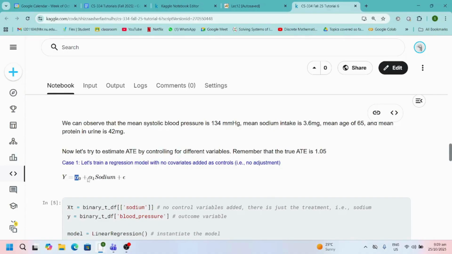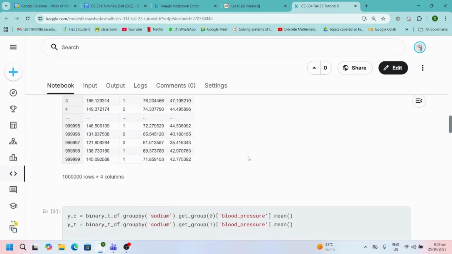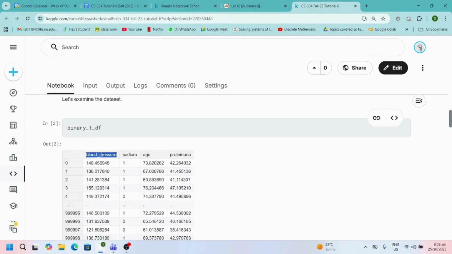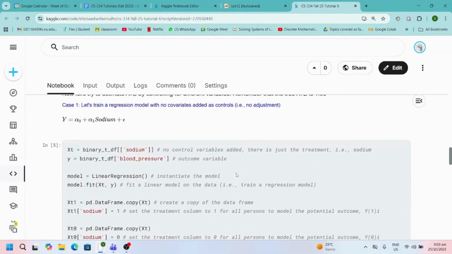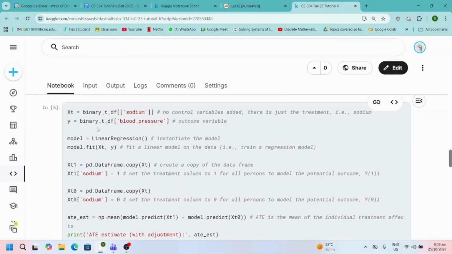This is your intercept and this is your slope for sodium. So right now I'm actually only considering two things, the treatment and the outcome, sodium and blood pressure. I'm not considering age and I'm not considering protein and urea. So I did not consider any covariates.